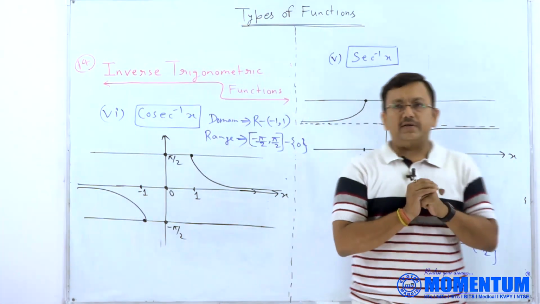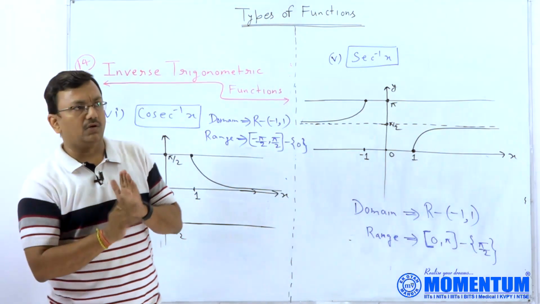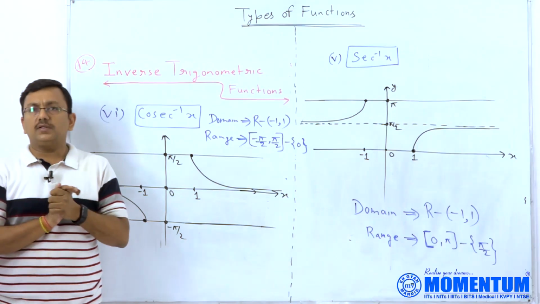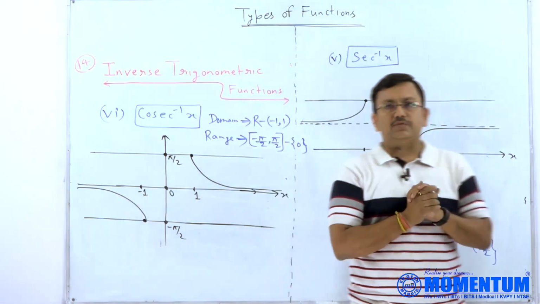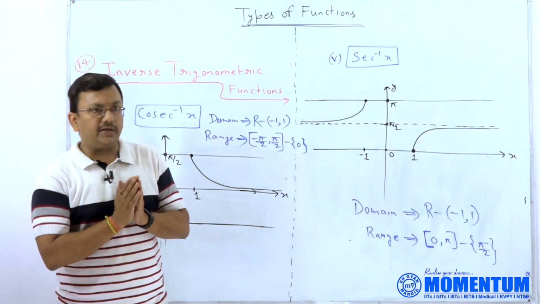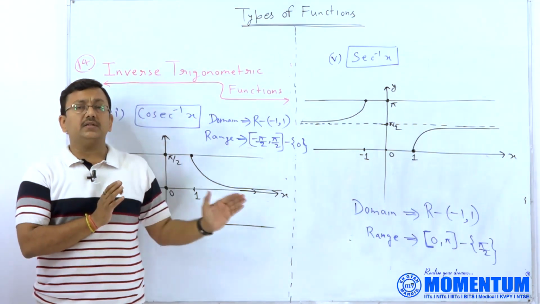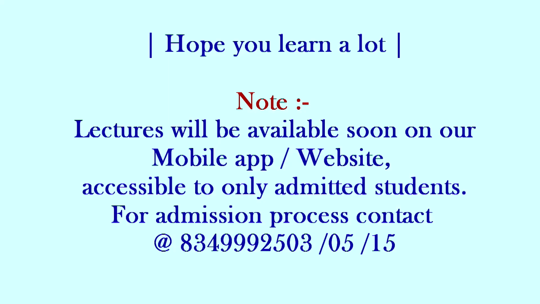So in this way I have covered all the possible types of function, all known popular types of function, and overall we have covered 14 types of function. Now students, you have to learn the domain and range of all these types of function, and their diagrams, which we have to use in further classes. Fine? Okay, thank you.